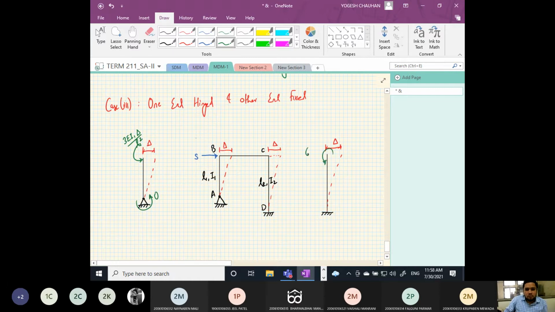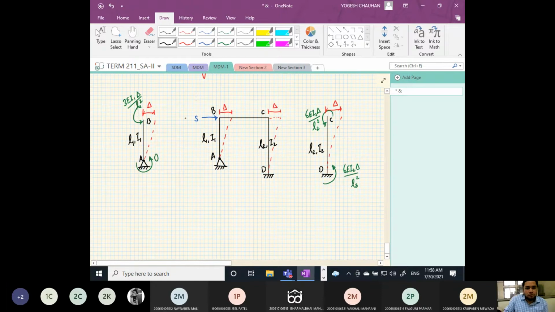Moment developed here will be 6EI2 delta by L2 square, and moment developed here will be 6EI2 delta by L2 square. This is L1 I1, this is L2 I2, this is B, this is A, this is D and this is C.